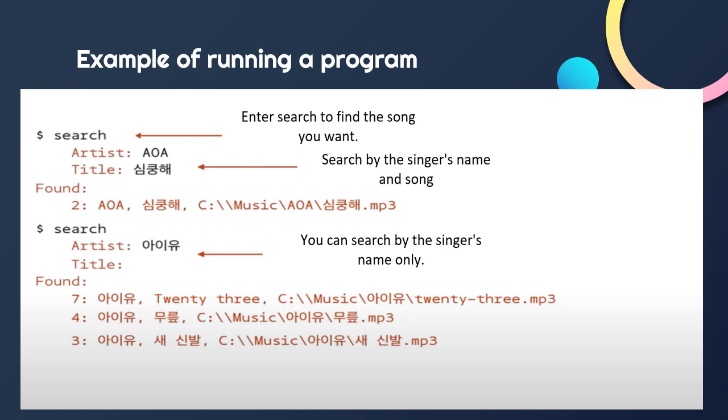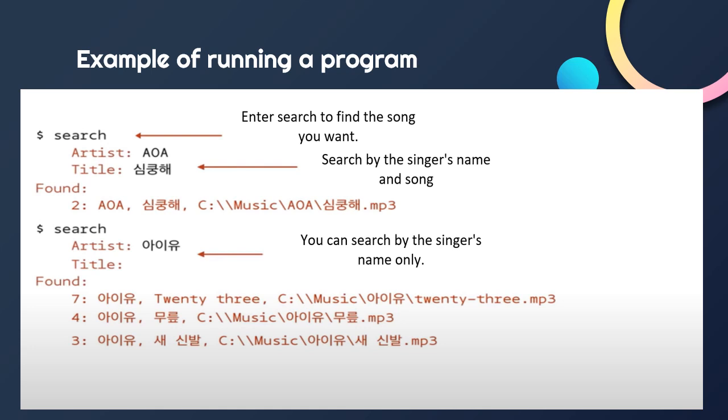And third, enter search to find the song you want. If you enter the artist AOA and the title Simkung-hae, it searches by the singer name and song, and finds the index, singer, title, and path.